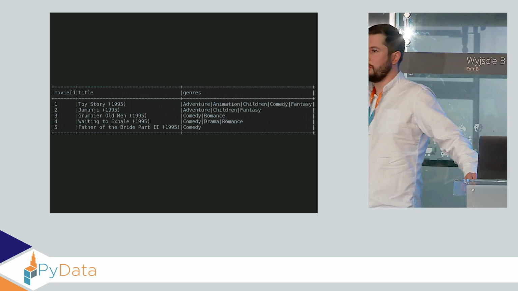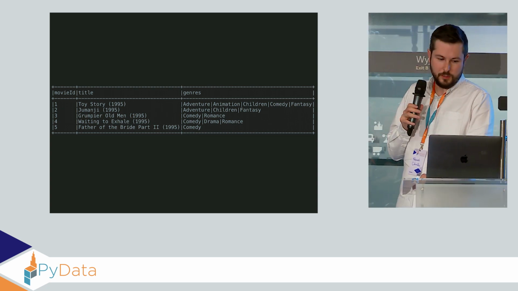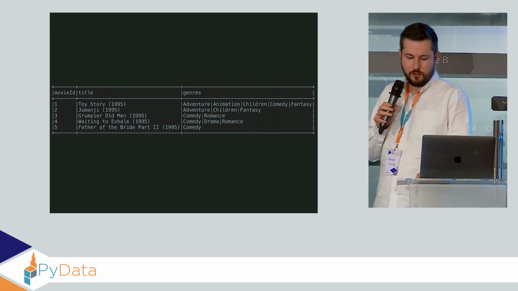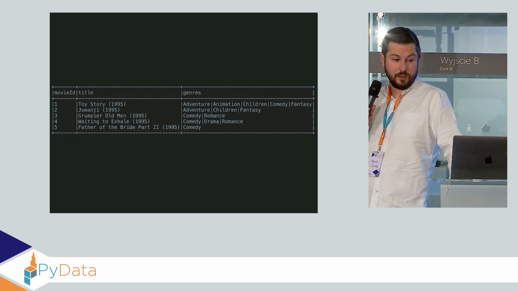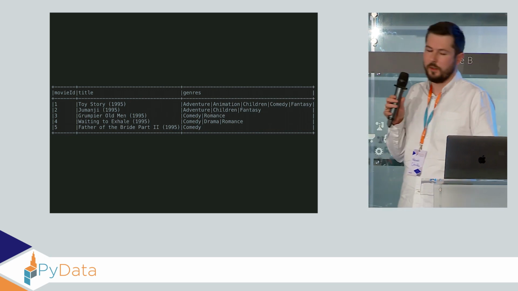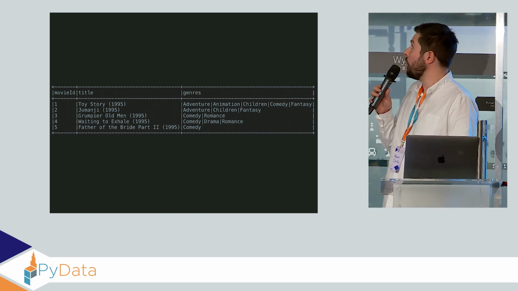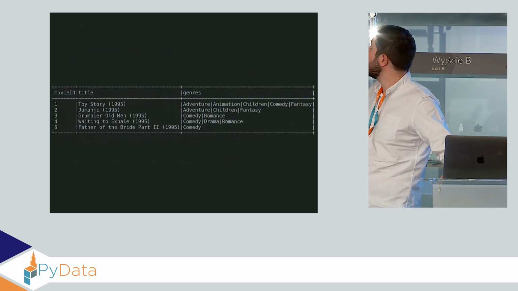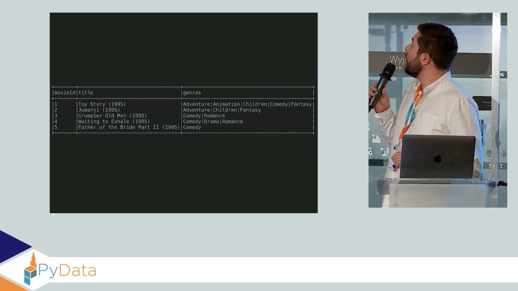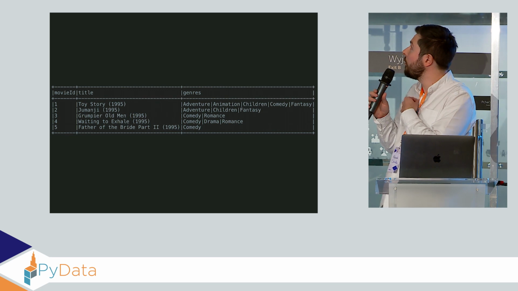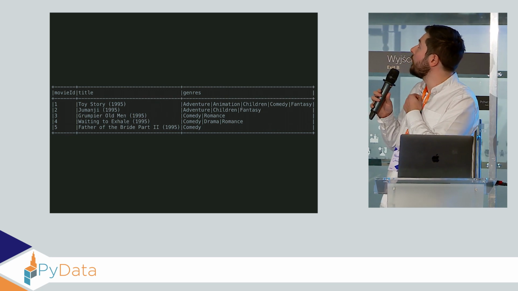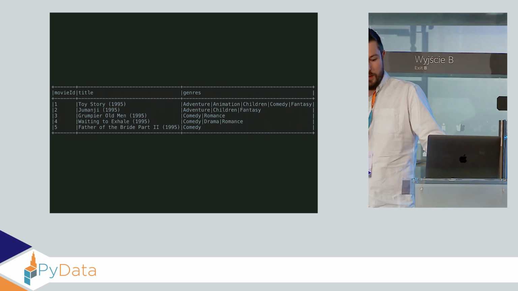So these are going to be our first two jobs. The first one is going to create the two columns, title and year, with one row per movie, and the other is going to have multiple rows per movie ID, each with one genre.